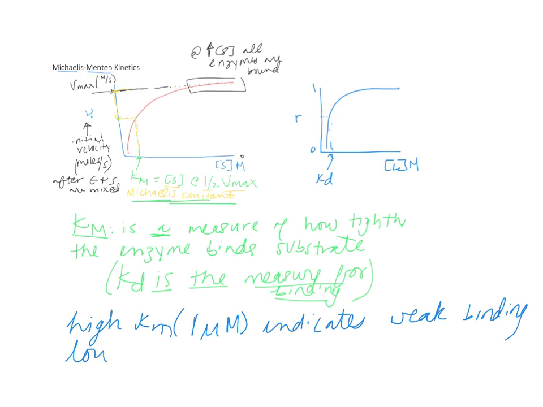And the lower the Km, the stronger the binding, such as 1, how about nanomolar, indicates strong binding. Same thing with Kd, the lower the value, the stronger the interaction. Again, that correlates right to delta G, because the stronger the interaction, the more non-covalent forces or bonds are being made between the substrate and the enzyme, so the lower the delta G, and all that good fun stuff.